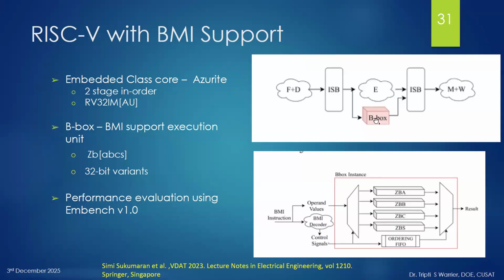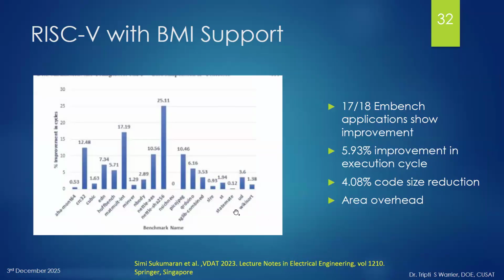VBox is the name that we gave to the bit manipulation extension implemented, and we ran the same mbench applications to look at what happened in this design. We see that in almost all applications there is an improvement in cycles, performance improvement and code size reduction, which maps to performance improvement.